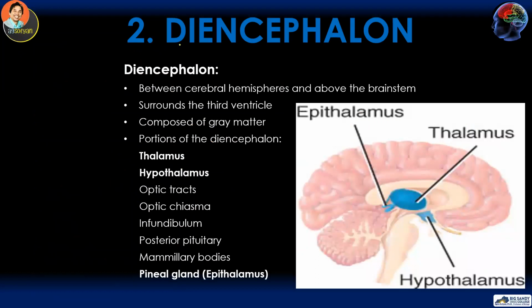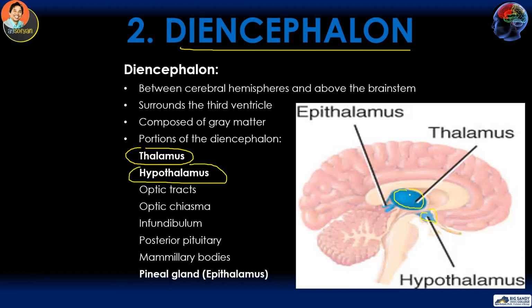Now we go to the second part of the brain, called the diencephalon. The diencephalon consists of three main structures. The biggest one is called the thalamus, over here. And the bottom part, under the thalamus, is the hypothalamus.